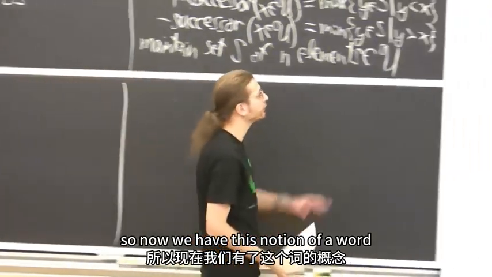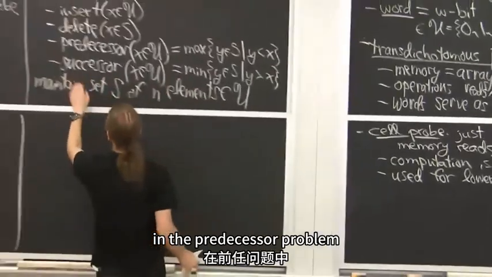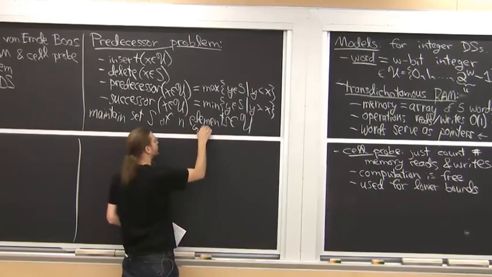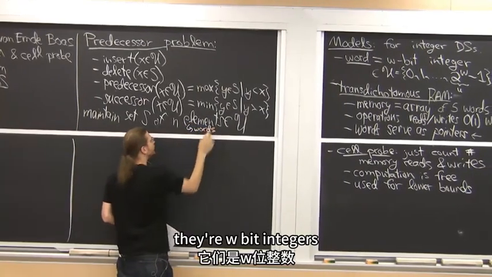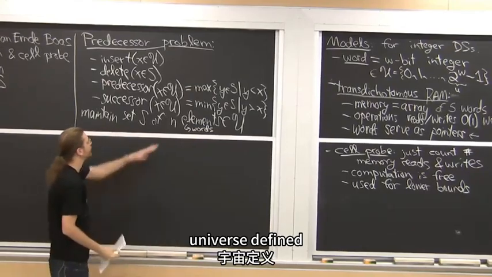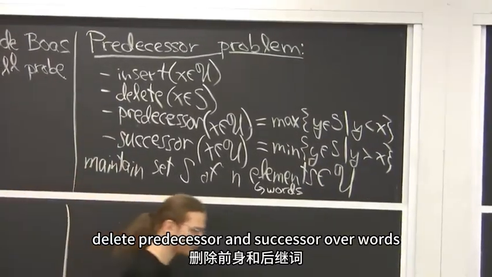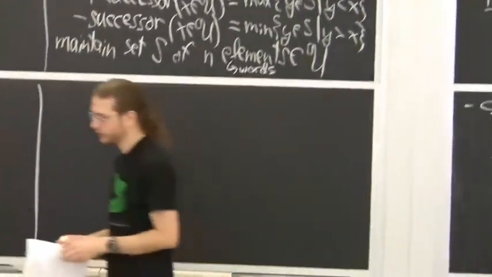So now we have this notion of a word. In the predecessor problem, these elements are words. They're W-bit integers. The universe is defined, and we want to be able to insert, delete, predecessor, and successor over words. So that's our challenge.